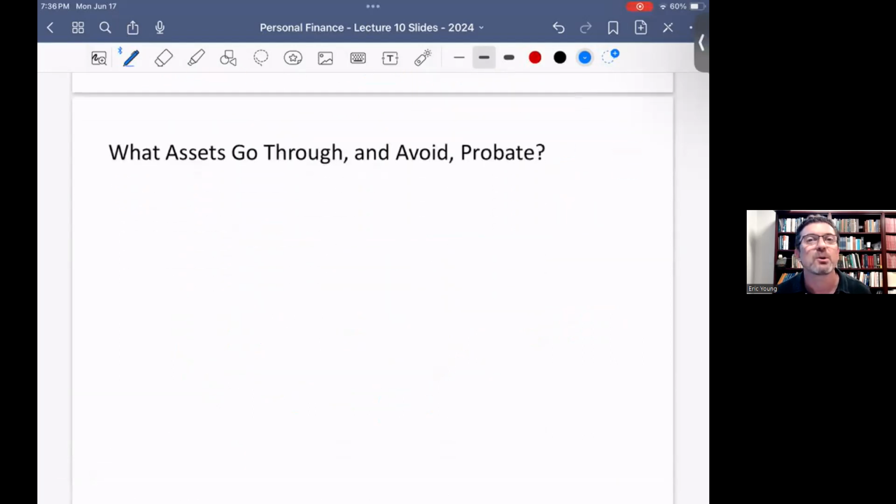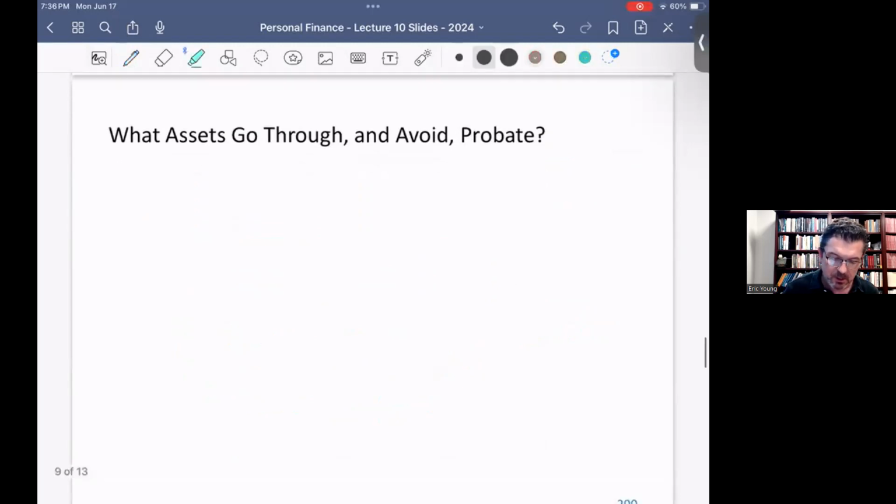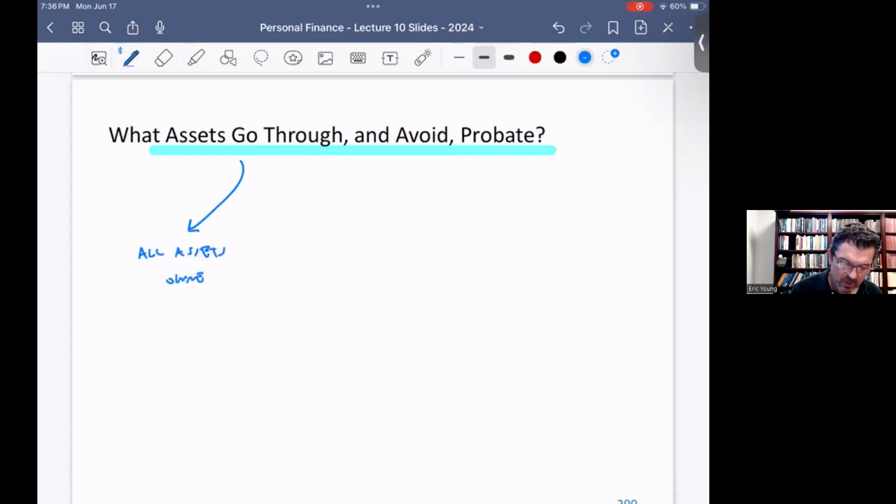So how do you do that? Well, you already know the answers. I'm asking the question here, what assets go through probate? What assets avoid probate? Well, assets that go through probate are all assets owned solely by you without a beneficiary designation.